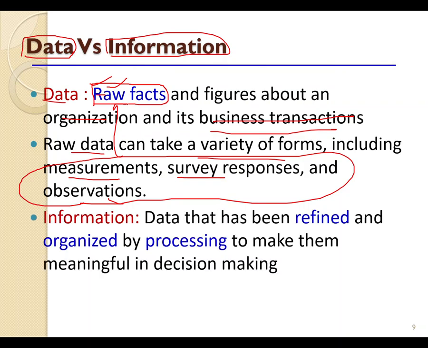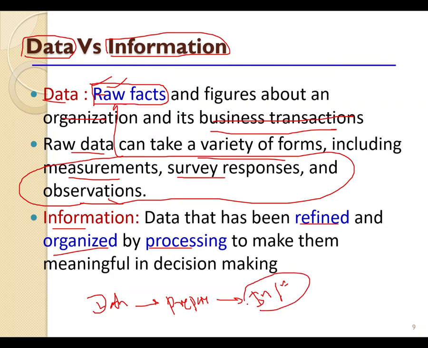Likewise. Then the other keyword is information. Information is data that has been refined, organized, or processed. That is called information. Whenever we have data, they are prepared or processed, and then the results are called information. That's the idea.